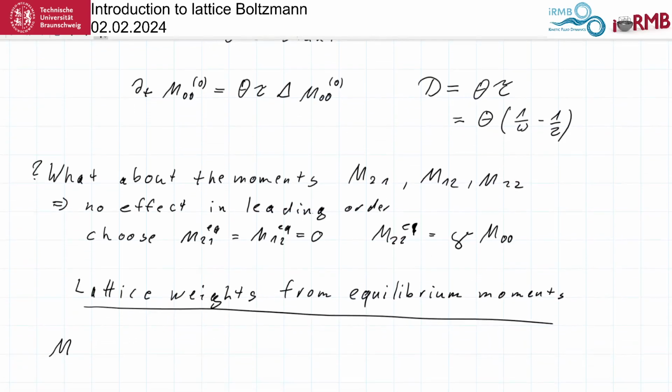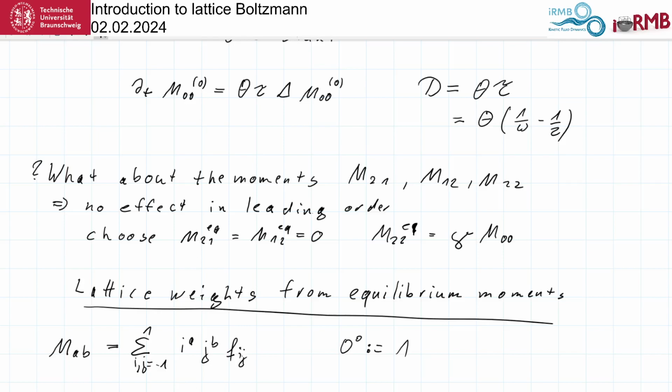We have the definition of moments, MAB, with the indices. We are in D2Q9, so we sum over i, j from -1 to 1, of i to the power of A and j to the power of B, times Fij. We have to deal with the case that both A and B together are 0, and in this case we define this as being 1.